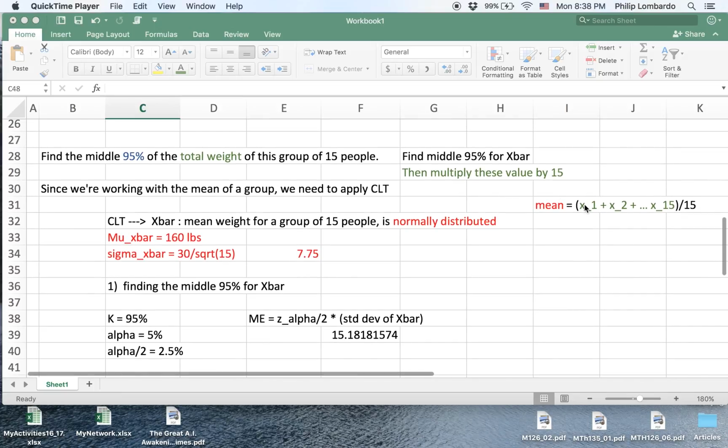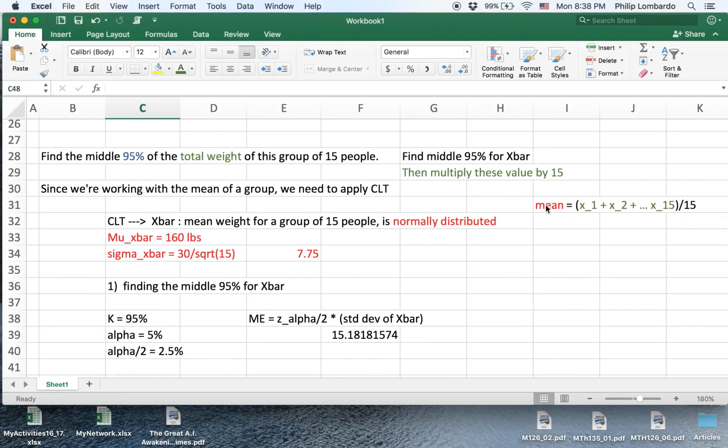Now keep in mind the relationship between the mean and the sum total of the individual weights. So the total, the x1 plus x2 plus out to x15, so the 15 individual weights divided by 15 gives us the mean. So in other words, if we took 15 times the mean, this would give us our total.